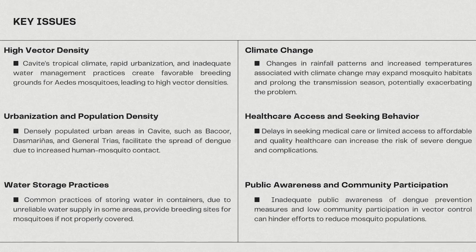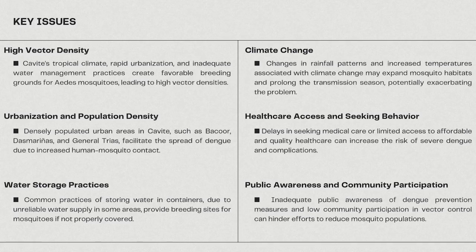For the key issues, we have six. We start with high vector density, in which Cavite's tropical climate, rapid urbanization, and inadequate water management practices create favorable breeding grounds for Aedes mosquitoes, leading to high vector densities.